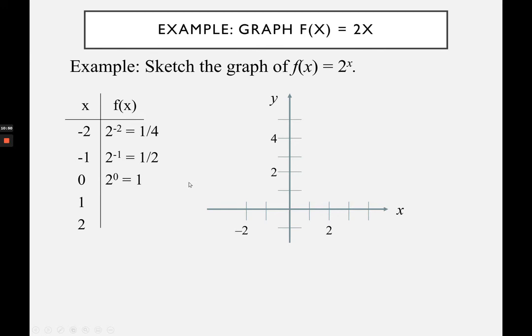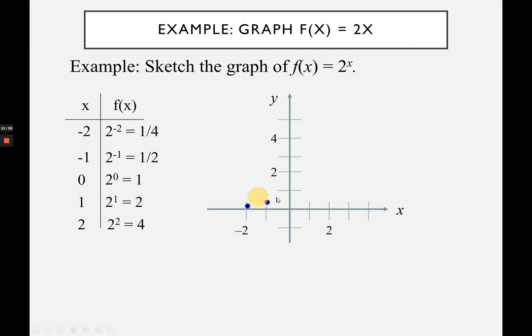If x is equal to 1, then the function is equal to 2. If x is equal to 2, therefore 2 times 2 is 4. Now, this is the first point: if x is negative 2, y is 1/4. If x is negative 1, y is 1/2.